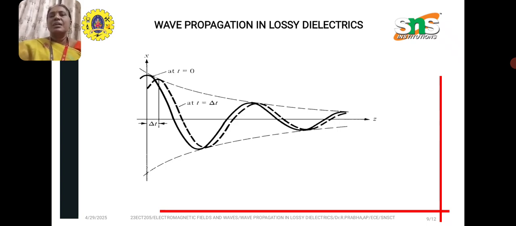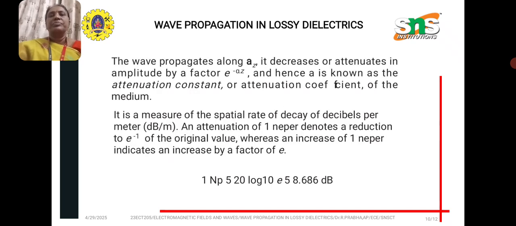Here we consider the z-axis as the propagation axis. Initially the amplitude of the wave is high, and while propagating through a lossy dielectric, it gets attenuated. From this we can understand that whenever an electromagnetic wave goes through a lossy dielectric, it gets attenuated, or its amplitude decreases.